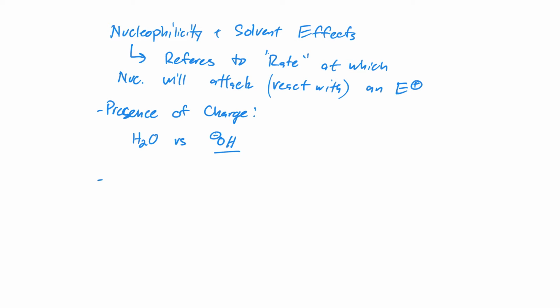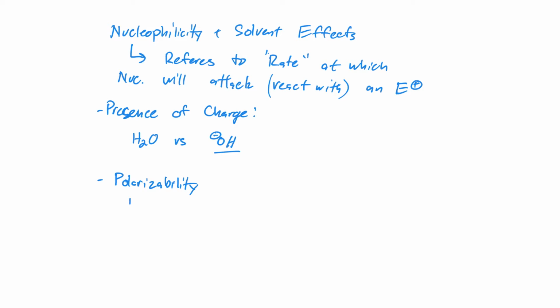Another indication of a good nucleophile is the polarizability of a molecule or ion. And as we learned in general chemistry, polarizability increases with increasing atomic size.